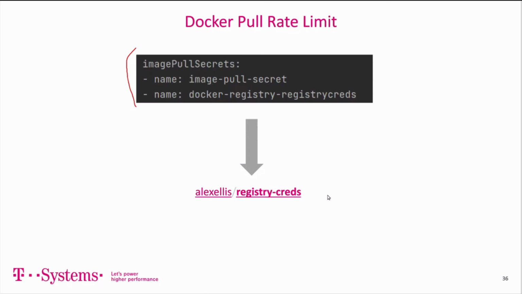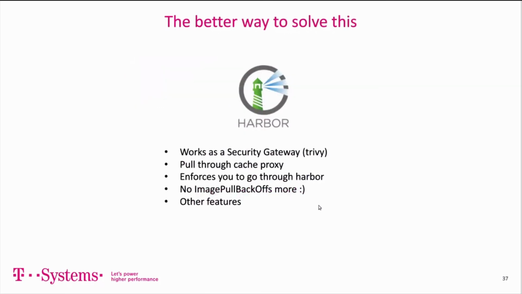Or there are also other approaches. The better way to solve it is through Harbor, because what we did, we deployed in every one of our clusters the Harbor system, which works as a security gateway. And we have a special Helm chart for that, which enforces your whole cluster to go to this Harbor proxy.